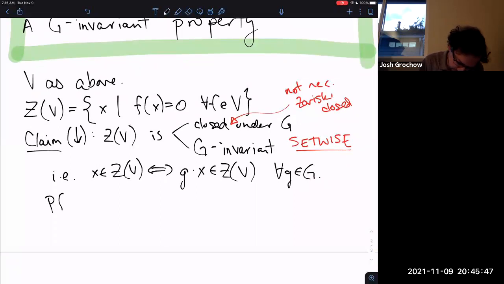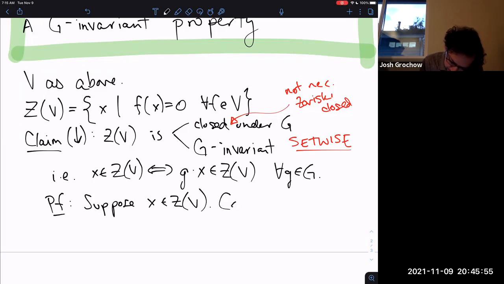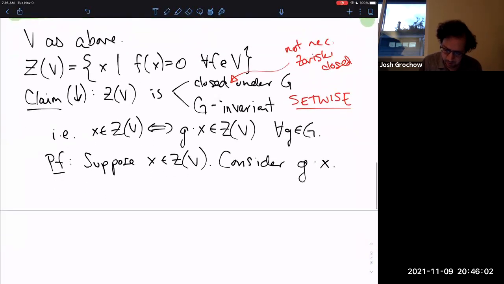And how do we prove this claim? So suppose X is in ZV, consider GX. And now, what do we want to know? We want to know that every polynomial in our G representation vanishes on GX.